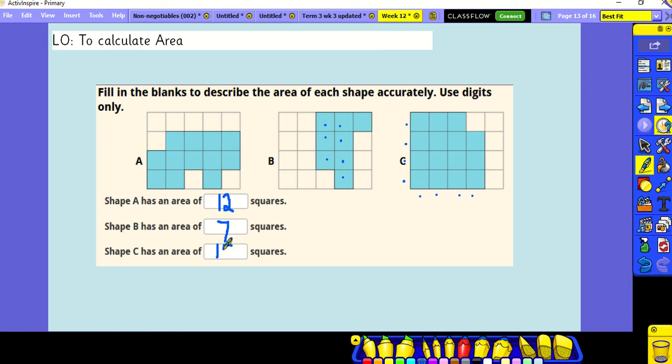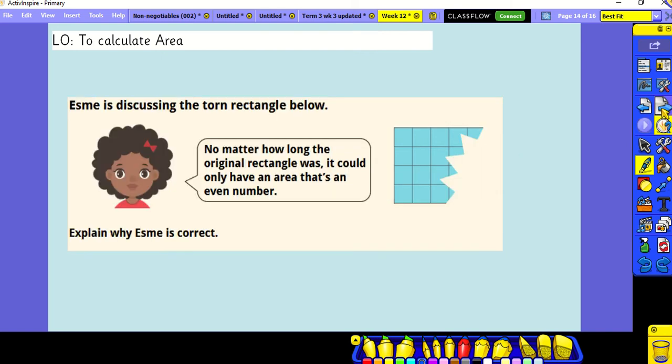Okay, so the shape with the largest area is C. The shape with the smallest area is B. Now, your first sheet today, you are just calculating the area of different shapes. And all you need to do is count the squares shaded in. However, there is a challenge, which is some problem solving.